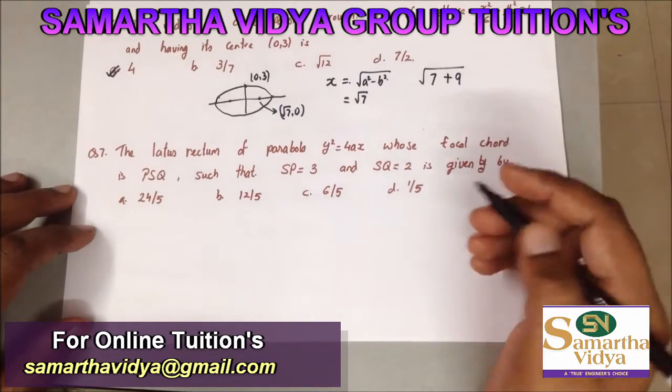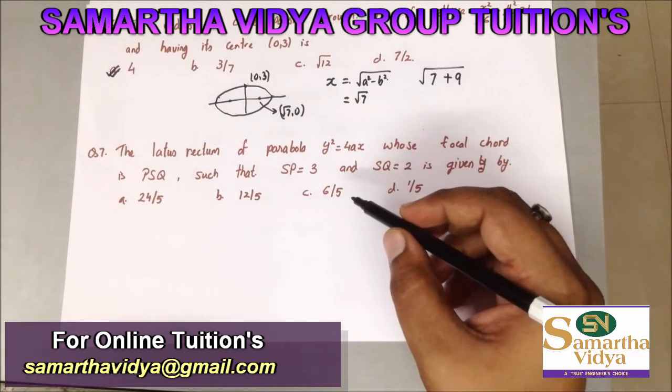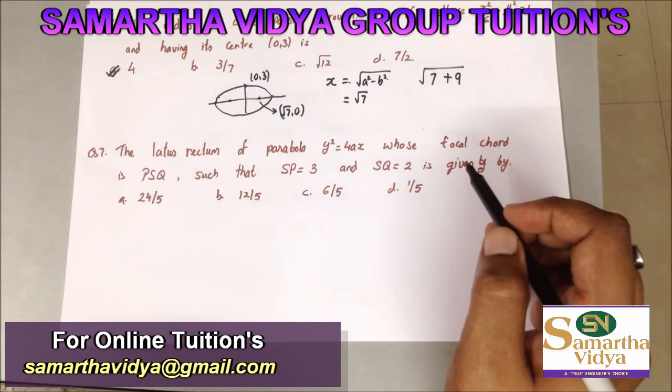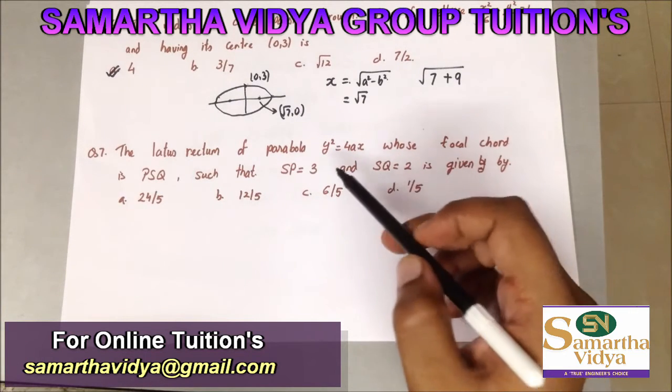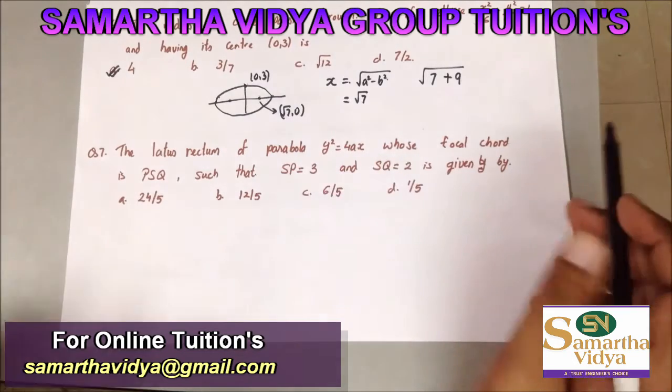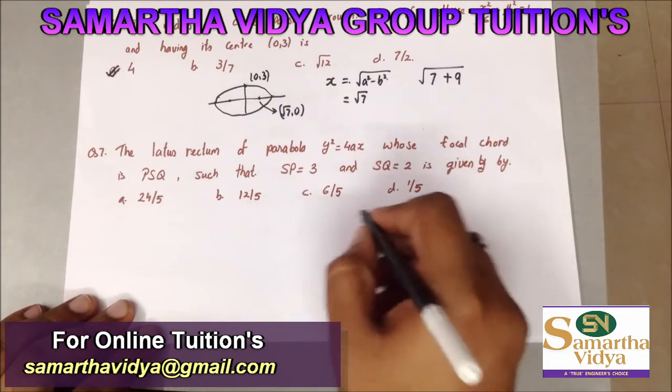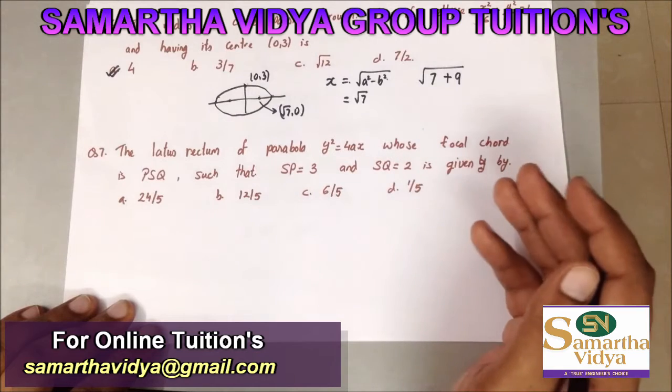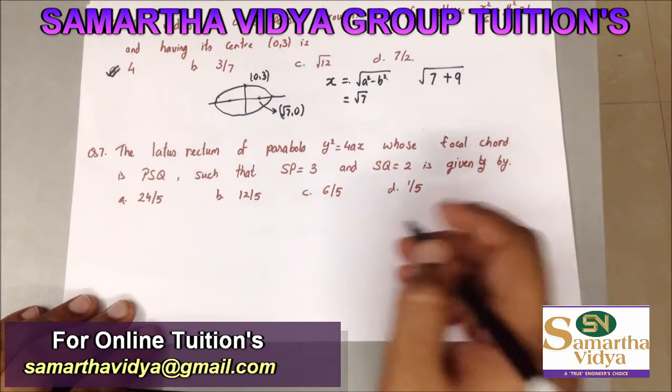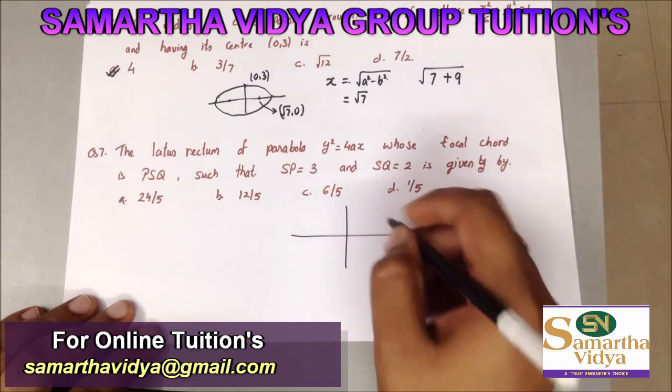Moving on to the next one, we have the latus rectum of the parabola and its focal chord, which is PSQ. They have given the distances SP and SQ. Now we have to understand what basically the focal chord is.